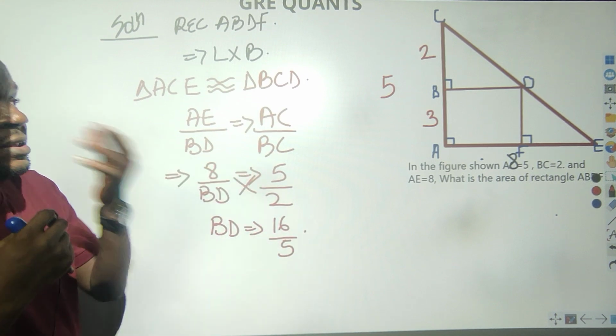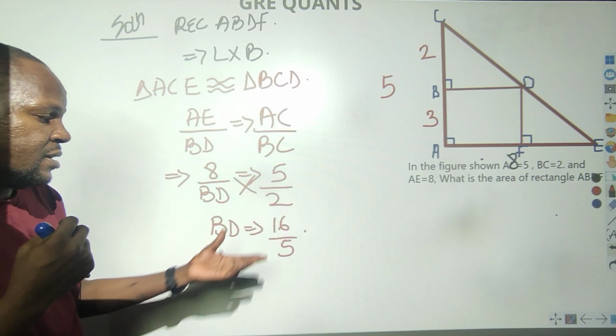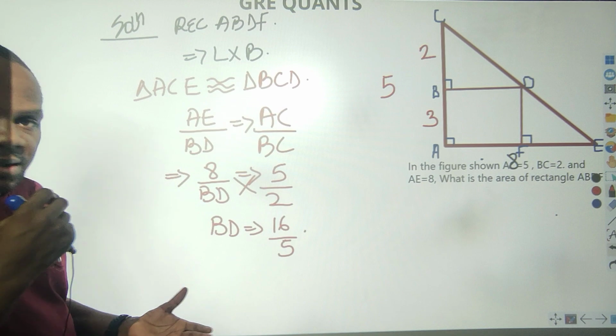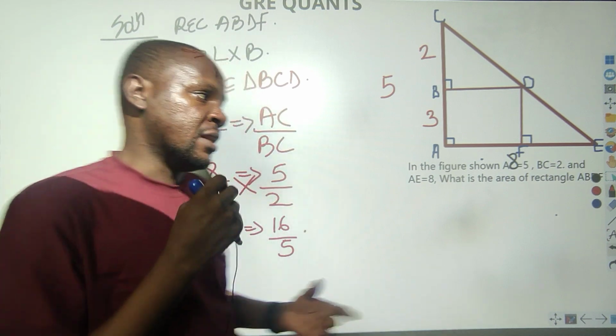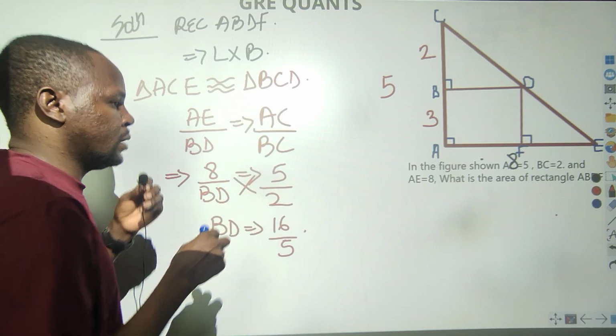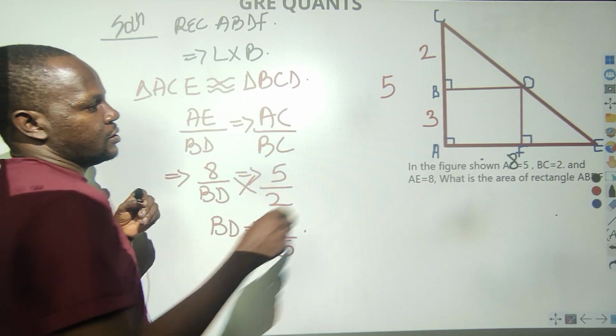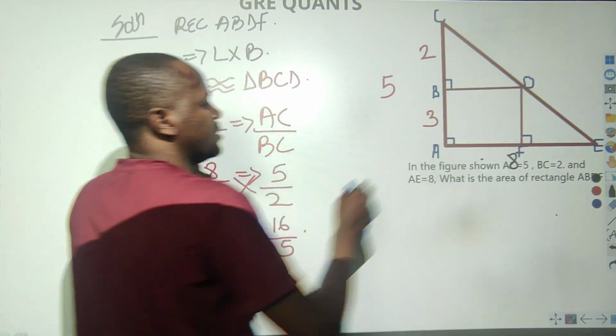Now that I know BD to be 16 over 5, you can decide to make it a decimal, which is 3.2 if you want, but it is not important. So I will leave it like that. The question says area of rectangle ABDF.